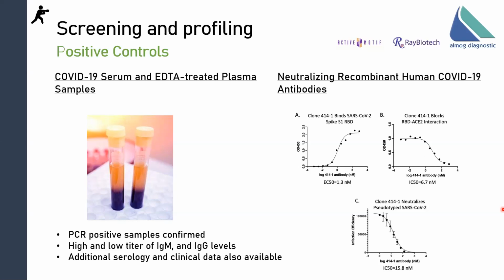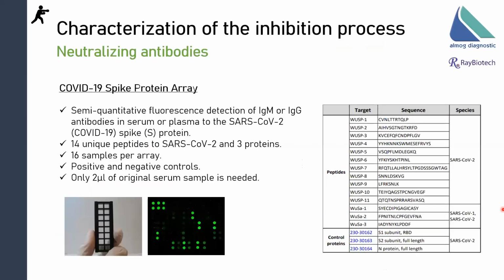Now, after you perform the screening assay, you answer the question, does my agent inhibit this interaction, the virus-host cell interaction? If the answer is yes, it inhibits, you then want to characterize this inhibition. To characterize antibody neutralizing inhibition, you can use a screening assay.